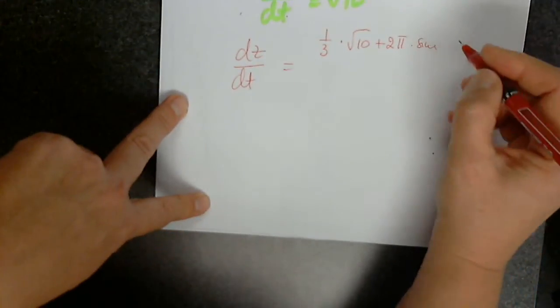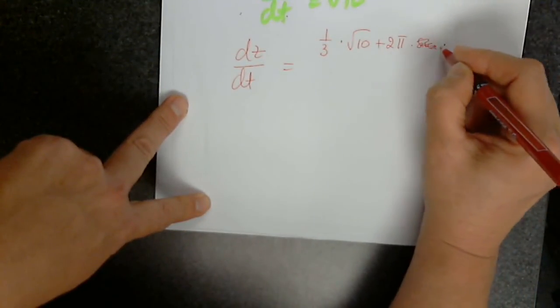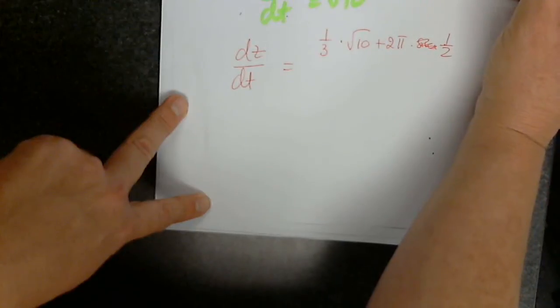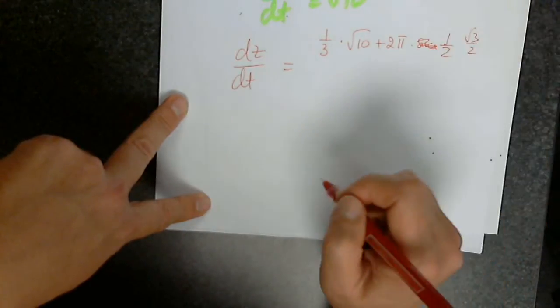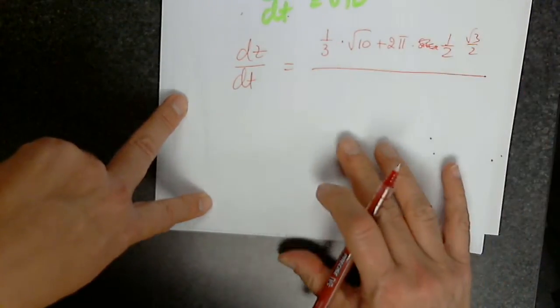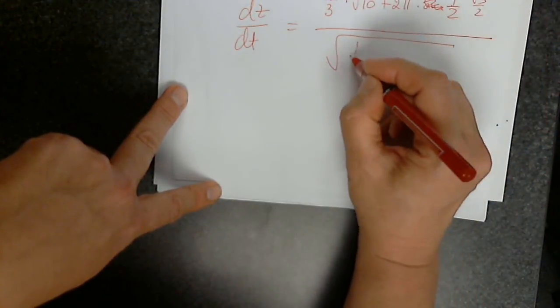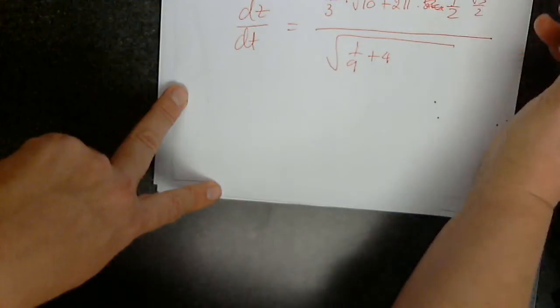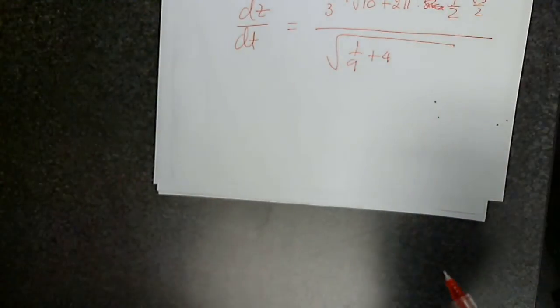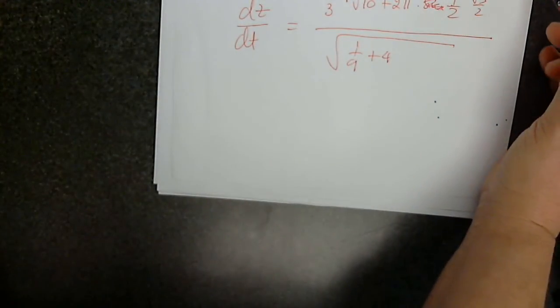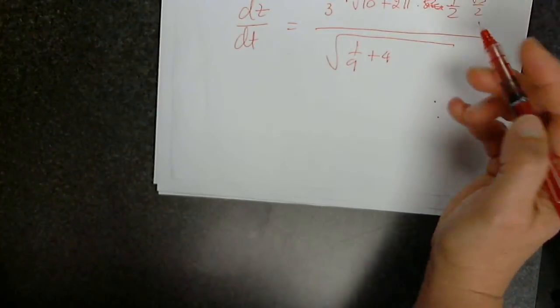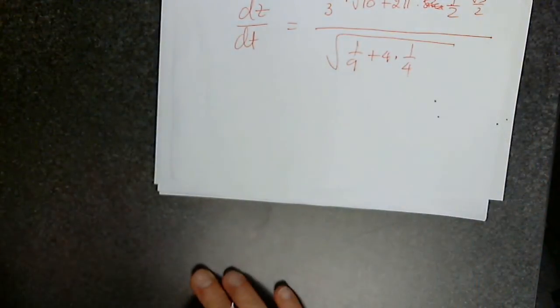Sine pi over 6 is 1/2. Cosine pi over 6 is the square root of 3 over 2. Everything divided by the square root of 1 over 9 plus 4. Again, this is 1/2 because it's 1/3, so pi over 6 is 1/2 squared, 1 over 4.